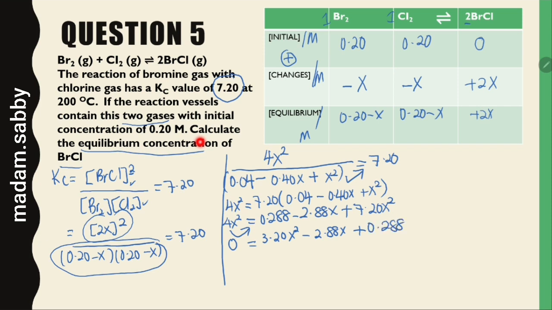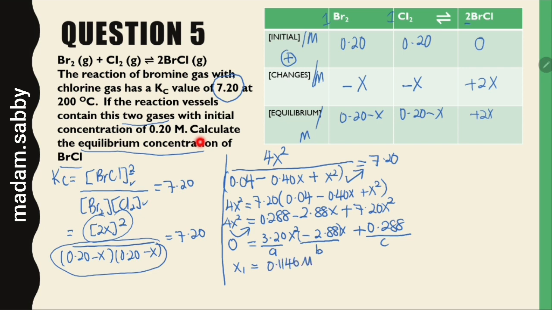If we compare with our quadratic expression, this is our A, negative 2.88 is our B, and 0.288 is our C, so positive. So press your calculator, and you will get x1 to be 0.1146 molar.